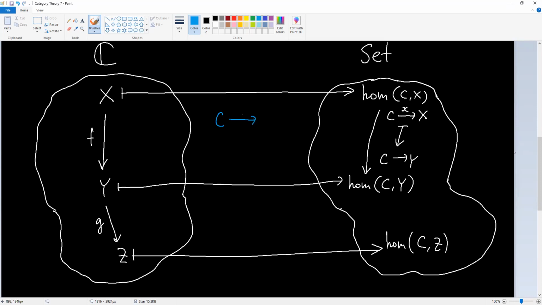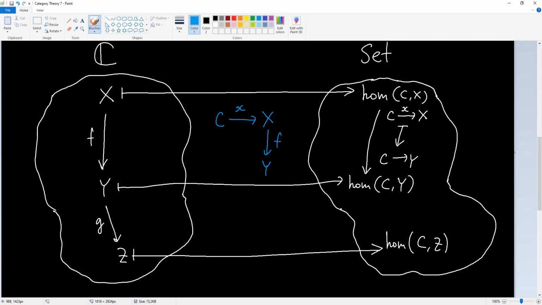Maybe it will become more obvious what to do once we draw these things together. So we need to produce an arrow from C to Y, and we have two things. One is an arrow from C to X, small x, and the other is the arrow f from X to Y. Does this give us a suggestion how to get an arrow from C to Y? Just a composition?